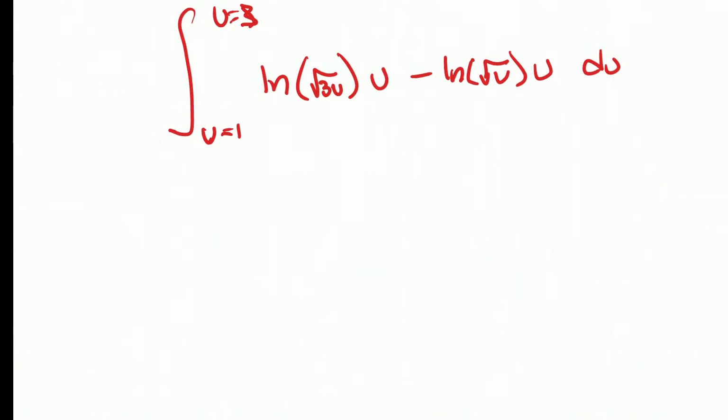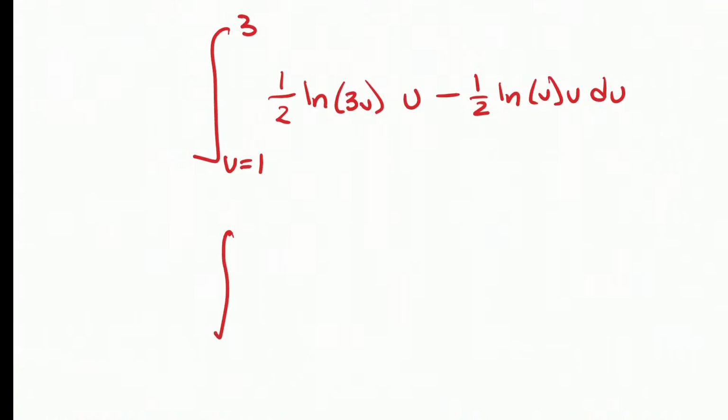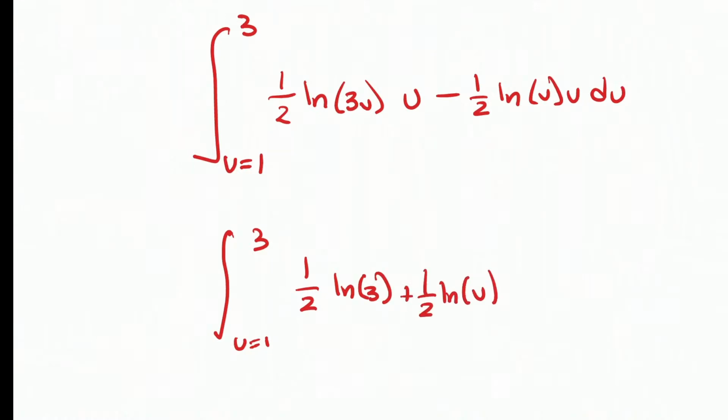Can you not just use log rules and consult? Yes, you can, but I just don't like it. So this is going to be 1/2 natural log of 3u times u minus 1/2 natural log of u times u. Okay, we'll use the log rules. Still 1/2 natural log of 3 plus 1/2 natural log of u, times u, minus 1/2 natural log of u.